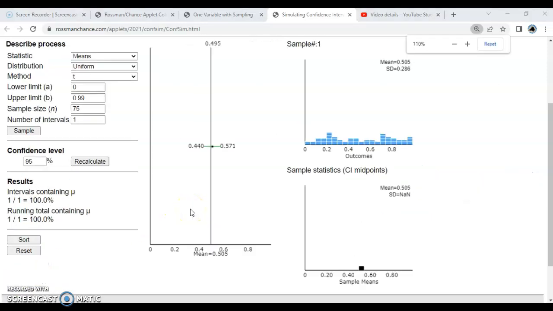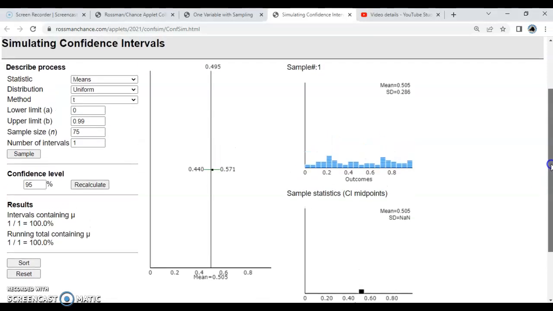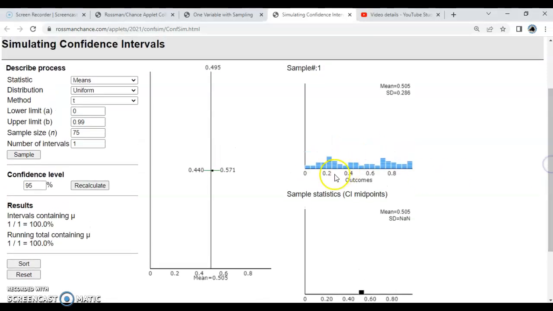All right, so let's take another sample and calculate the confidence interval for that sample. Of course, it's going to change because most likely this mean is going to be different. So let's take one more. There you can see it changed a bit. If I take another one, it just keeps flip-flopping. All of them are capturing this actual population value.